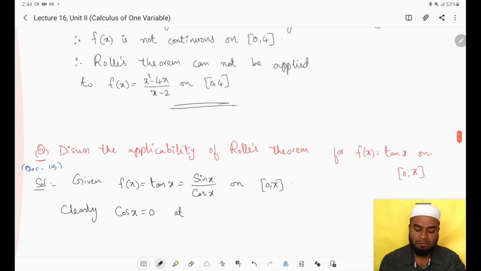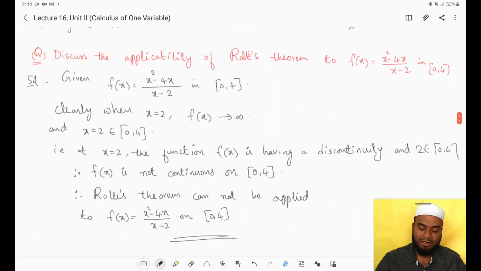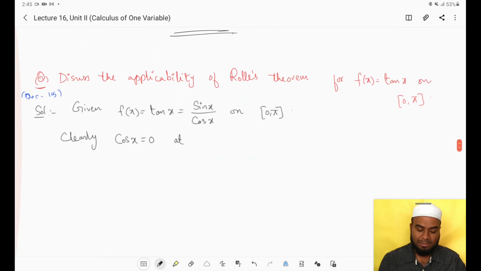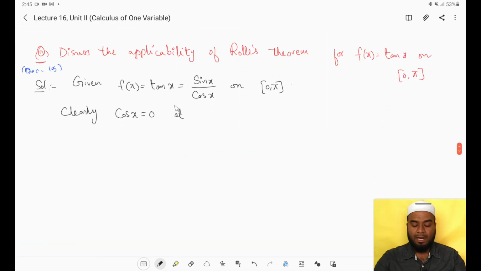In the previous problem also, what I did was I found a point at which the denominator becomes 0, at x equals 2. So that is why at x equals 2 the function will not be continuous. Same thing we have to do here. Here also we have to find a point at which this denominator cos x will be 0.